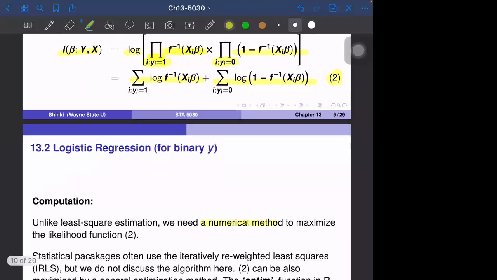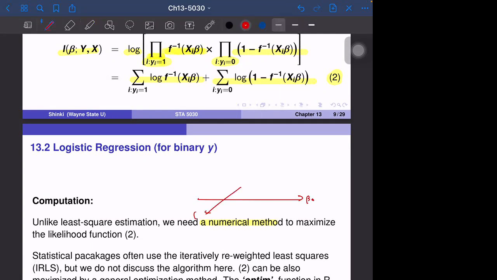Suppose we have beta naught and beta 1 and some surface of L of beta naught and beta 1; it's convex. It's not as simple as a parabola, but it's convex.